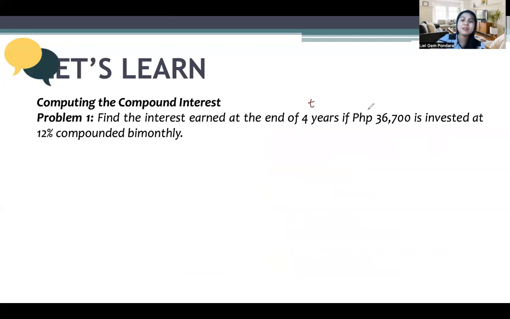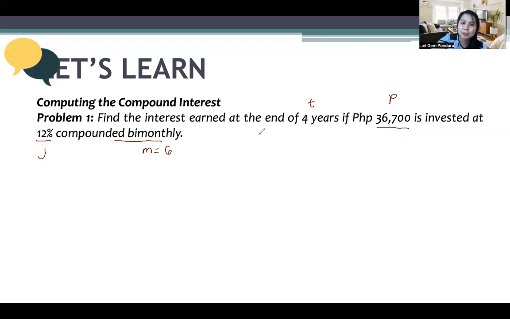That's our time. If 36,700, the principal, is invested at 12% nominal interest rate compounded bi-monthly, it means once in 2 months, so our M is 6 times in a year.